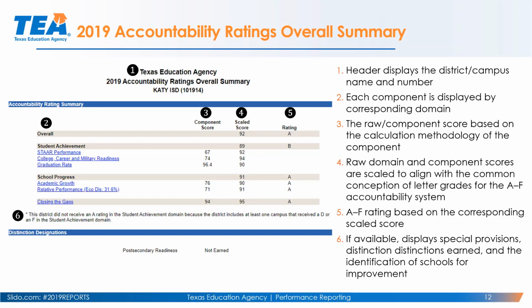So this district did not receive an A in the student achievement domain because the district includes at least one campus that received a D or an F in the student achievement domain. So this district result was capped because it had a campus that received a D or an F in the student achievement domain. Additional information about capping is available in the 2019 Accountability Manual.